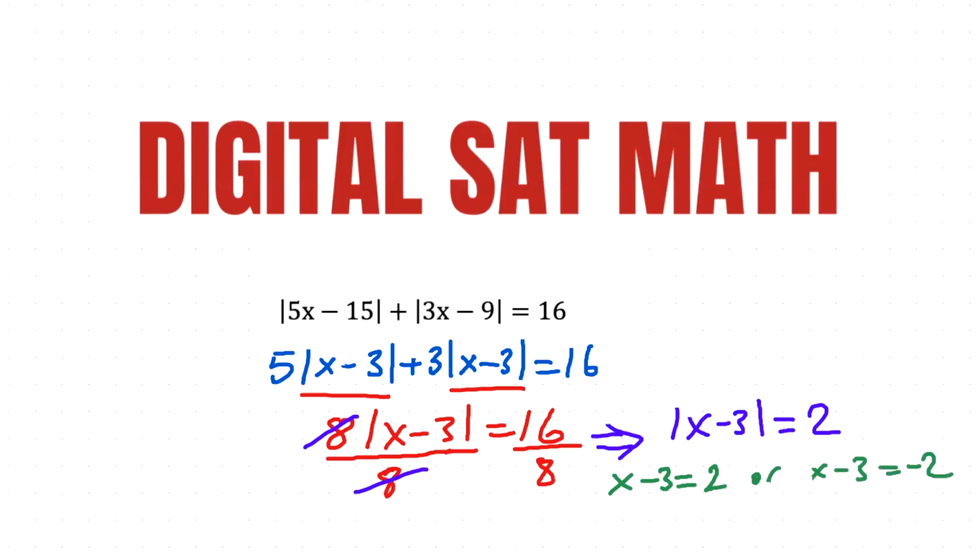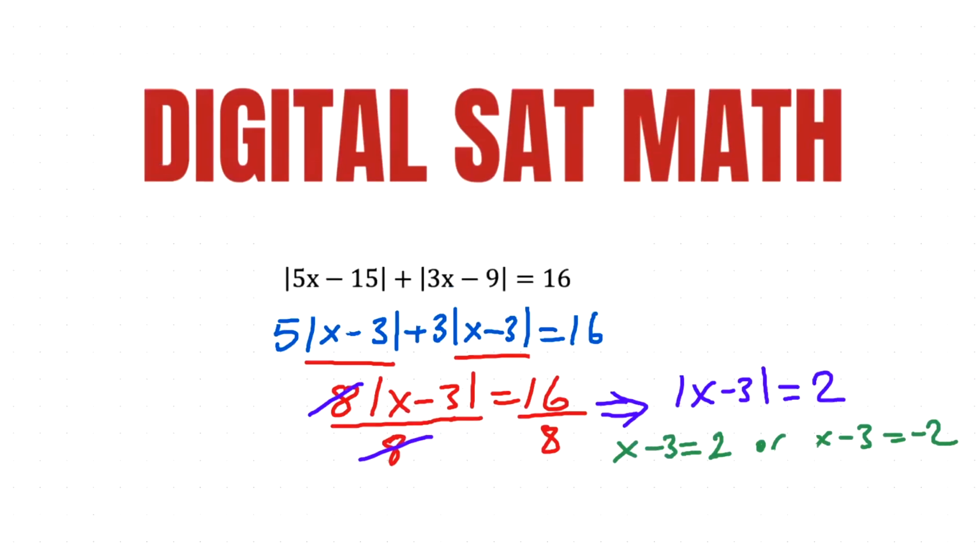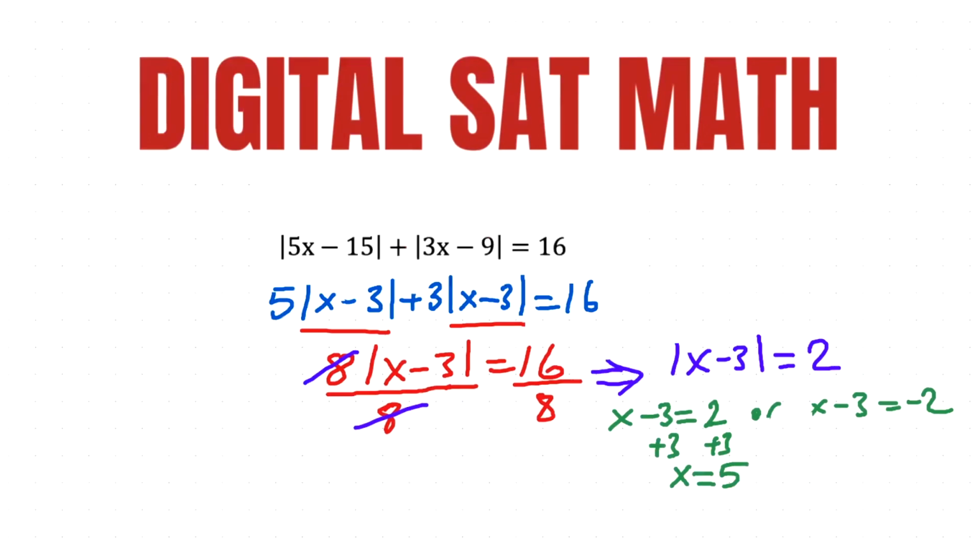To solve this, we will just add 3 to each side. So the first value of x is 5. And for the other one, I'm going to add 3 again. So x will be negative 2 plus 3, which is positive 1. So you have two values for x, 1 and 5.